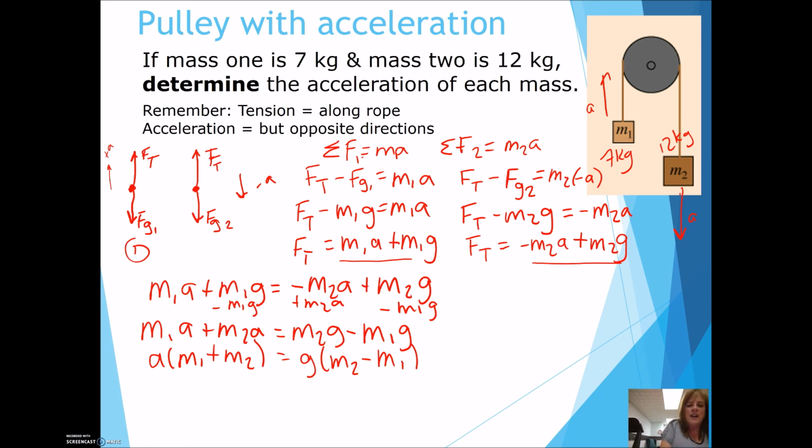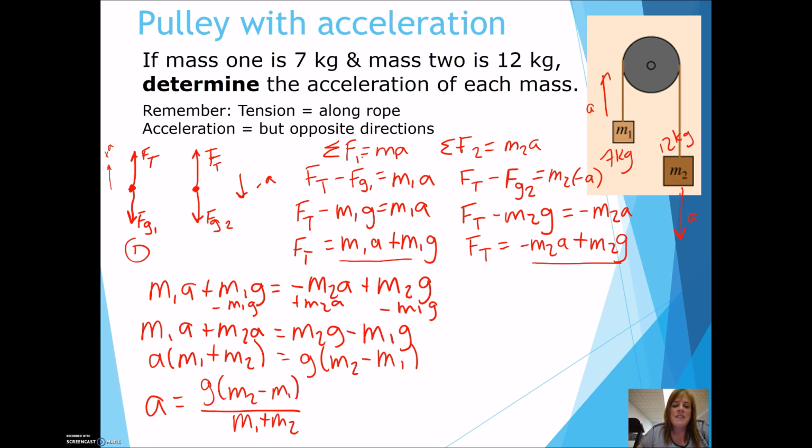All right, now we're going to solve for a. A is equal to g times m2 minus m1 all over m1 plus m2. Now, this is one thing that's very important.